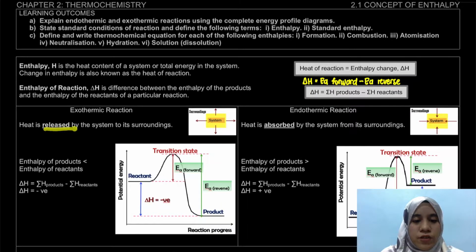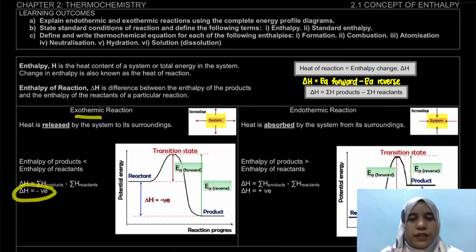Because heat is released to the surrounding. So the enthalpy of product will be lesser than the enthalpy of the reactant. When we calculate the delta H, because the product is smaller than our reactant, we will get a negative value. So that's why for exothermic reaction, delta H is negative.